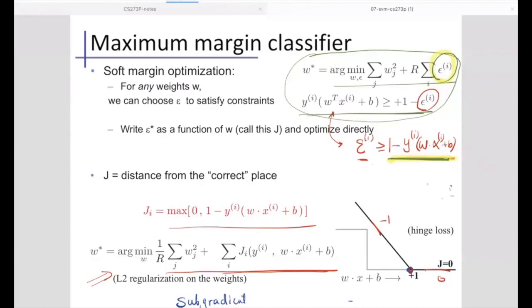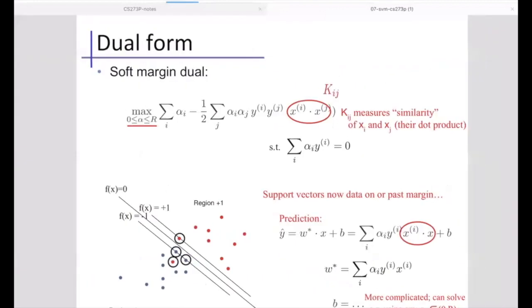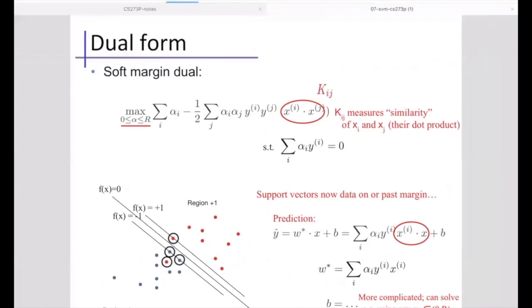The gradient at this point does not exist, but the subgradient is something between -1 and 0, and you can choose any number between them. If you do this, you can derive a gradient descent-based methodology for solving this problem. Okay, so that's what we talked about so far.